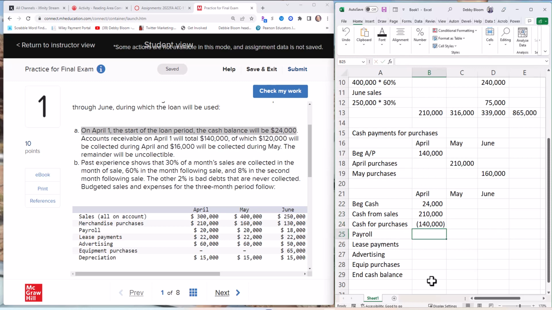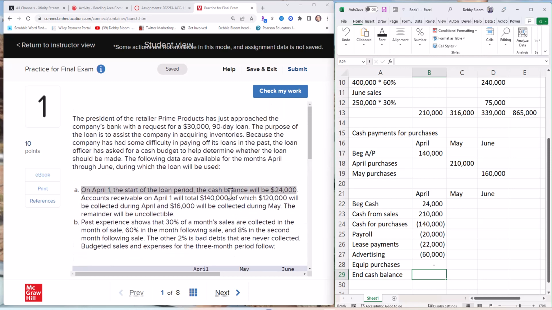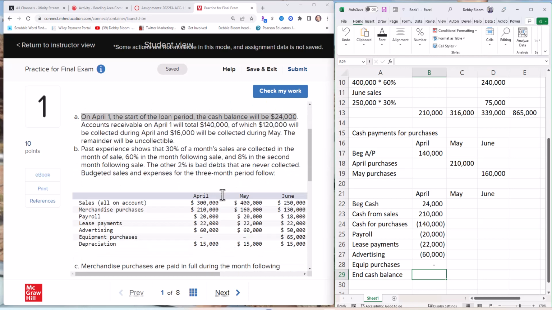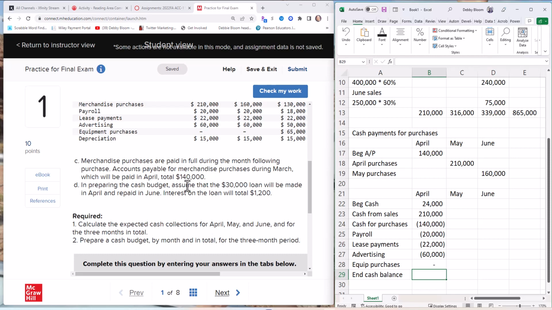For April, the payroll is $20,000, given in the problem. The lease payments are $22,000. The advertising, $60,000, is going to be paid. No equipment purchases are budgeted in April. So we're going to have a tentative ending cash balance, but we're supposed to assume that the $30,000 loan will be made in April and repaid in June.